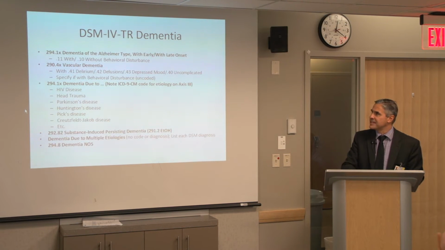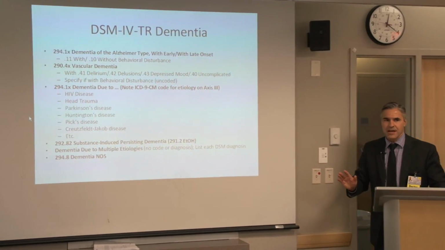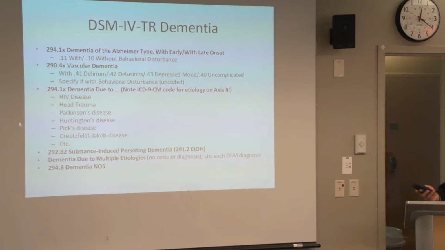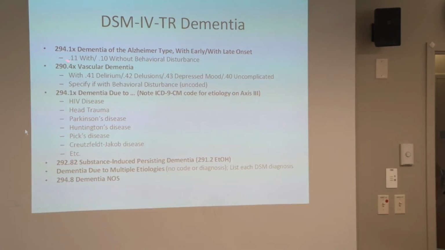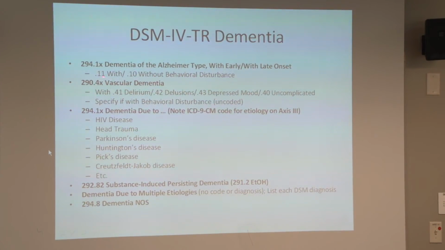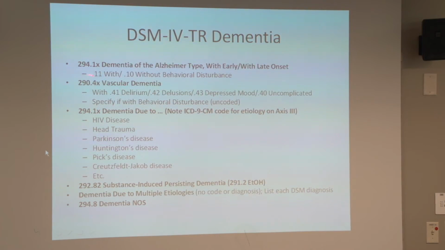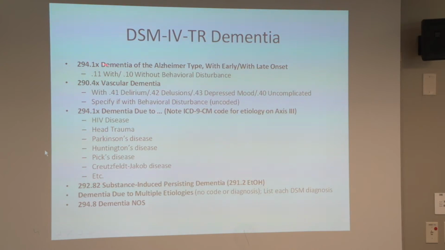And then these were the DSM-4 dementias. And this got weird because 0.11 is with behavioral disturbance, 0.10 is without, but that can only be applied to dementia of the Alzheimer type. Vascular dementia has no additional specifiers for with and without. You say it, but you don't code it.